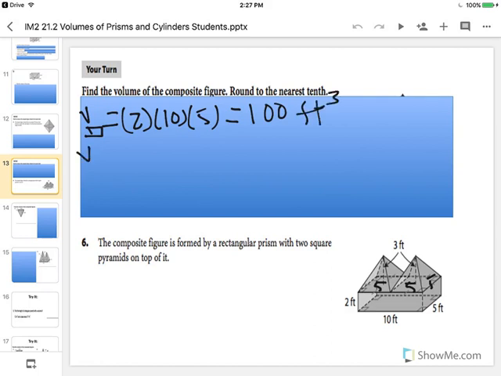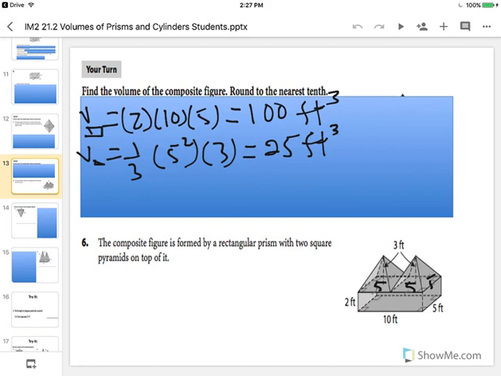Now find the volume of the pyramid. This is 1/3 times the square base, which is 5 squared, and the height is 3 feet. This gives us 25, oops, my mistake. Let me change that to a 5 feet.